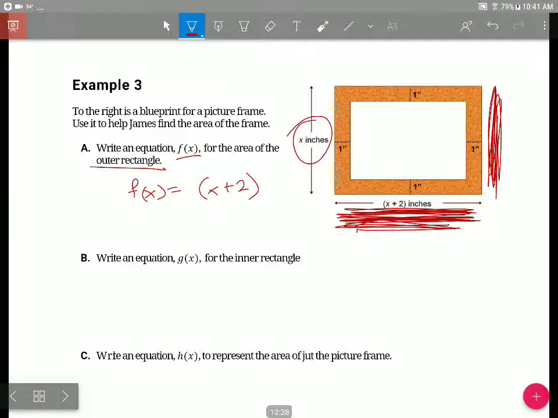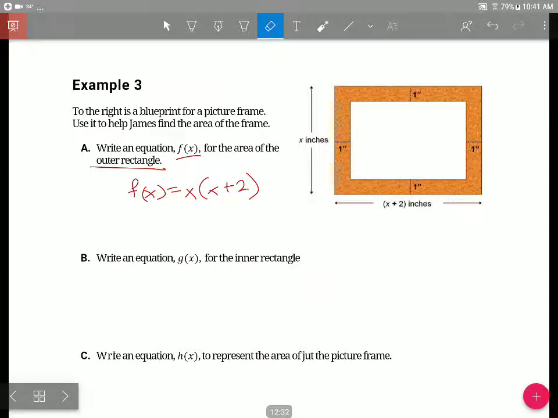X. They give it to you right there. Cool. All right, and then we'll clean it up a little bit. If we're going to multiply it out, what is x times x? X squared, good. What is x times 2? 2x. Cool. And I'll just label this real quick so I don't forget. This is the outside.